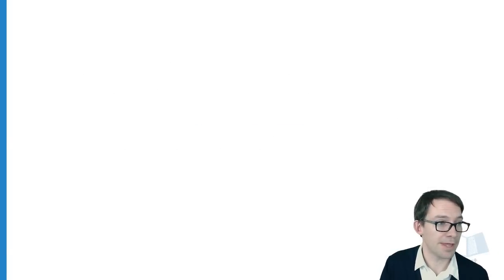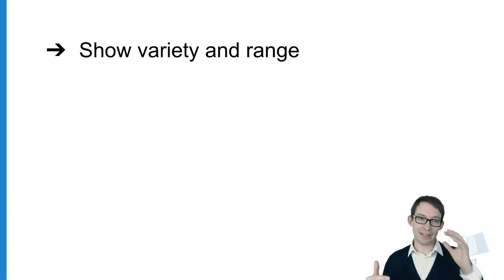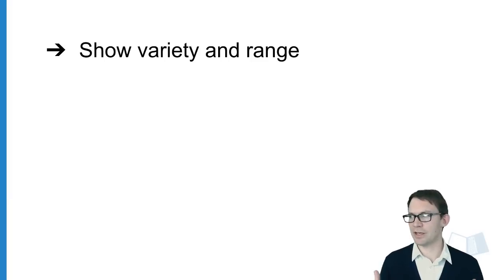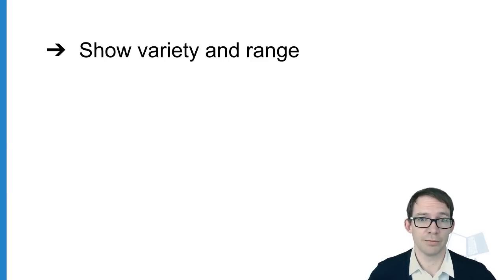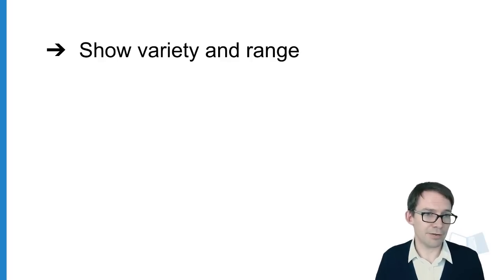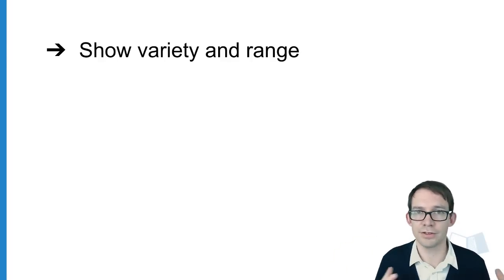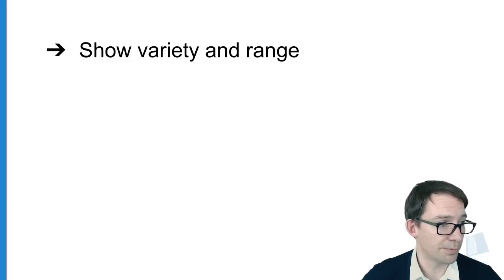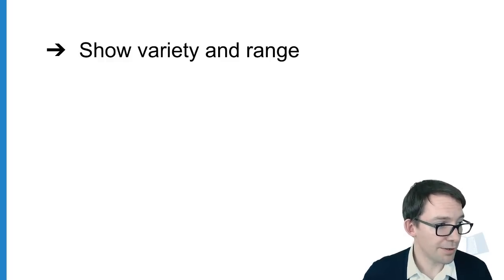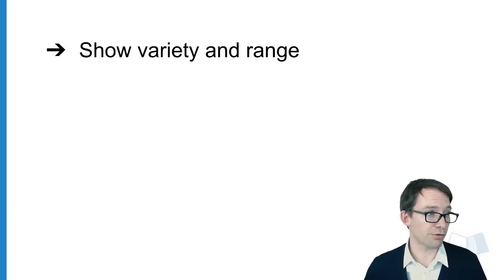So that's basically the message, is you have options, and it's important, especially if it's an academic assignment, to show your range of language and show what you can do. And if you've got too many short sentences, then you want to add some longer sentences just to get some variety in there.